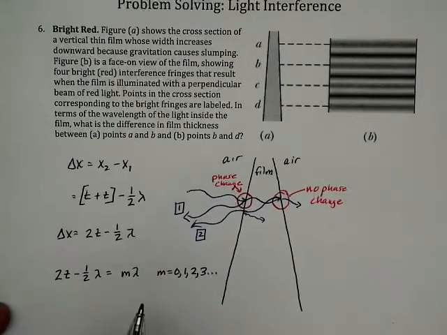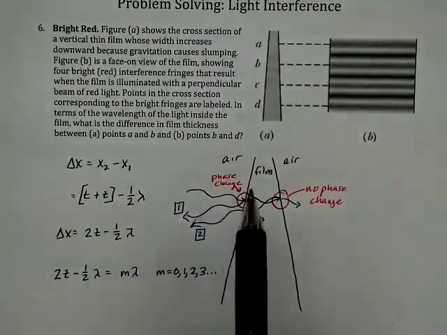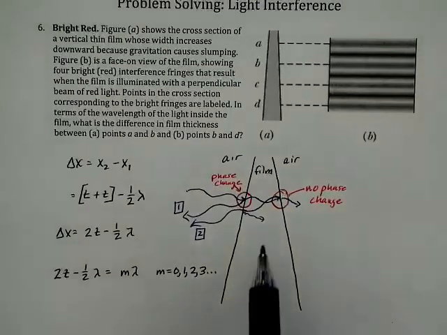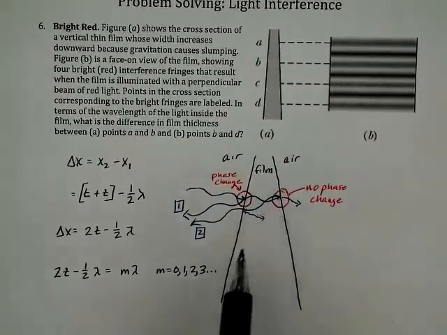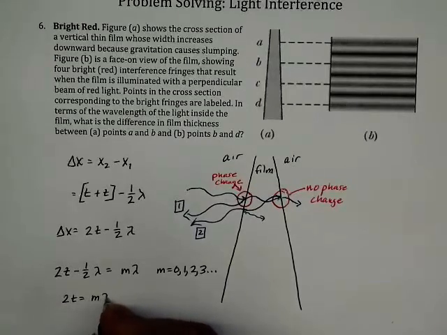So we want to know, in terms of the wavelength of the light inside the film, what is the difference in film thickness between points A and B and between points B and D? We don't know what the path is at A, but let's say the thickness of the film ends up being something like 17 wavelengths. Well, actually, let's solve this for T, because we need that half in there. So 2T equals some number of wavelengths plus a half a wavelength.